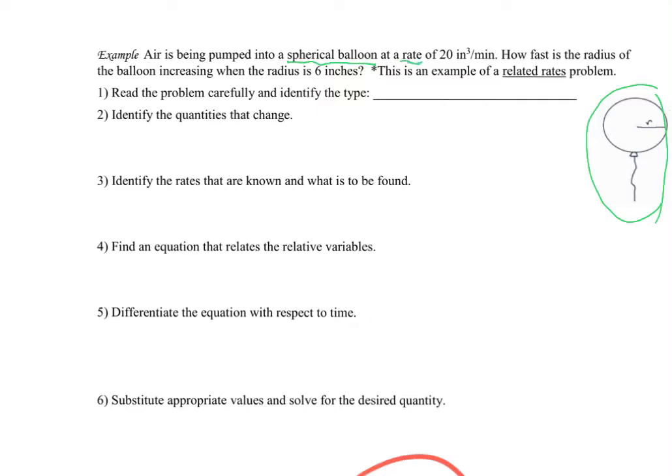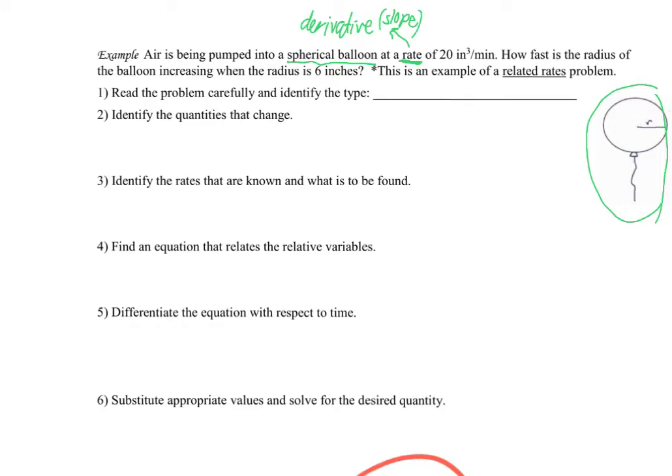At a rate, okay, so rate has to do with derivative, because derivative is slope, slope is a rate of change. This is one of the main applications of the derivative, rate of change. Not just finding the slope of the tangent line, as I keep telling you, but it's also used in a lot of real life situations to talk about rate of change of quantities.